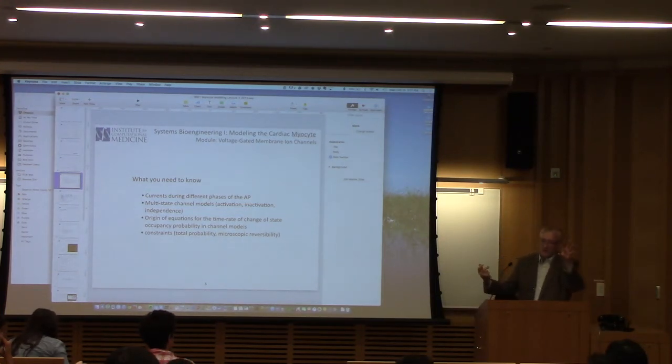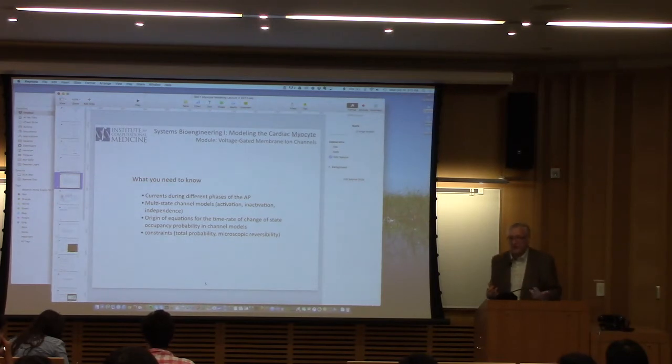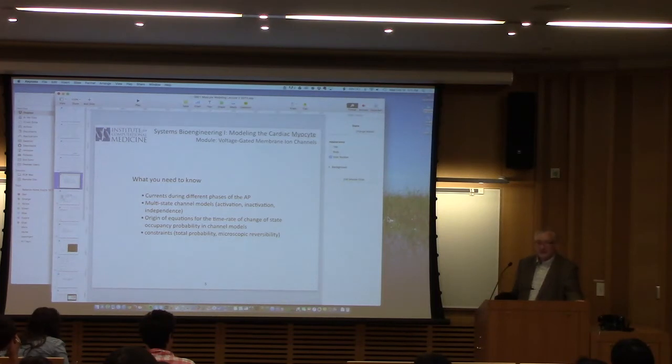What are the rates at which I enter that state from connected states, and what is the net rate at which I leave that state? That kind of information is how you write down these governing ordinary differential equations, and understand the constraints that can be placed on these kinds of channel models.